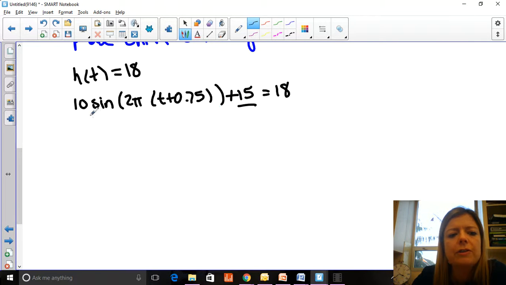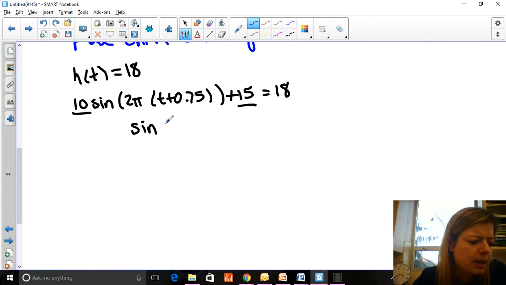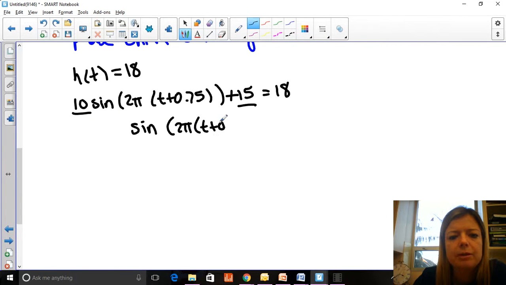So we can move the 15 and the 10 over. We subtract 15 to get 3, and then divide by 10. So we get sin(2π(t + 0.75)) = 0.3.